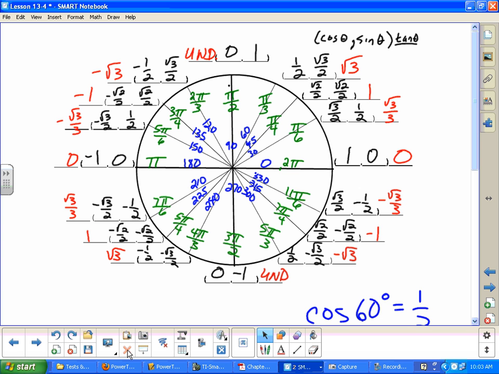If it's x, is it the right or left? Left, okay? So we want to find out when the x coordinate is negative 1/2. So we find negative 1/2 here, and we find it down here. So my answers are, up here it's at 2 pi over 3. Down here it's at 4 pi over 3.